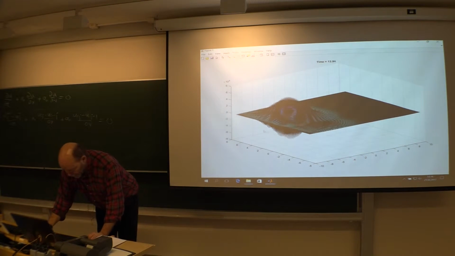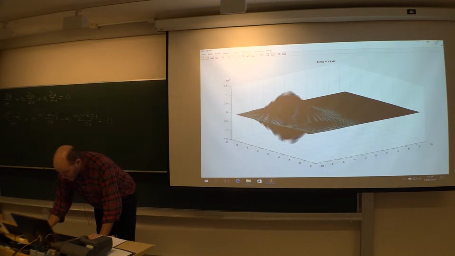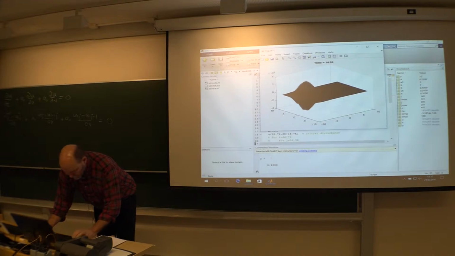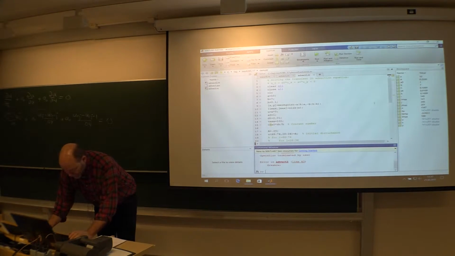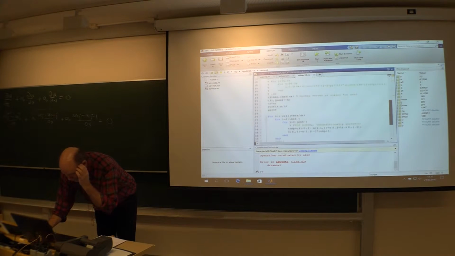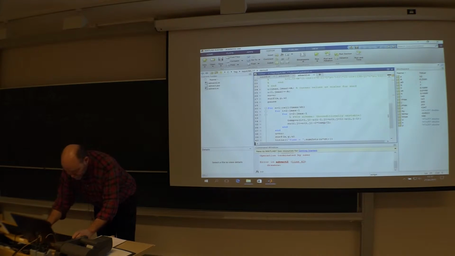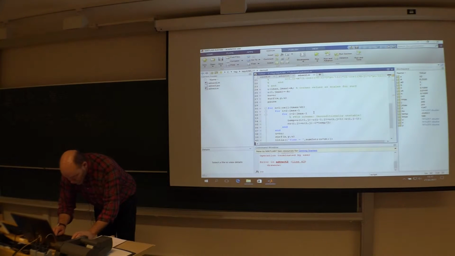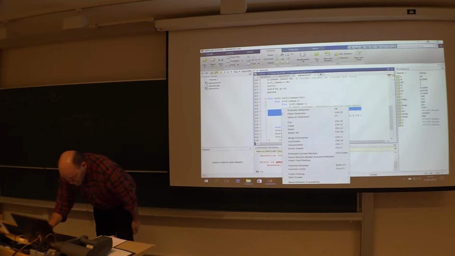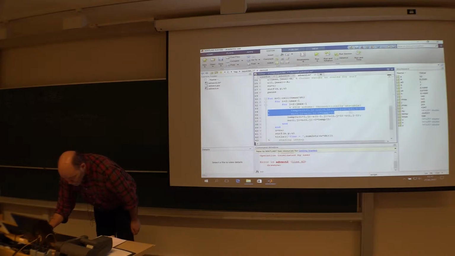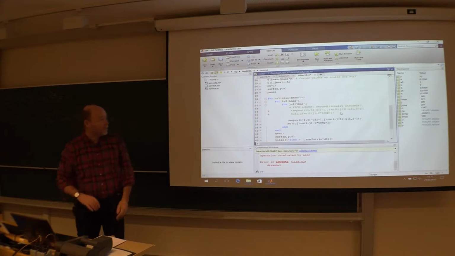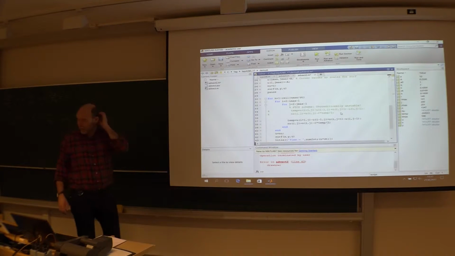Let's see if that one helps, because this one goes berserk. So I will comment out these two. Well, we can copy them first. Then we comment them out. So now let's make the upwind scheme.